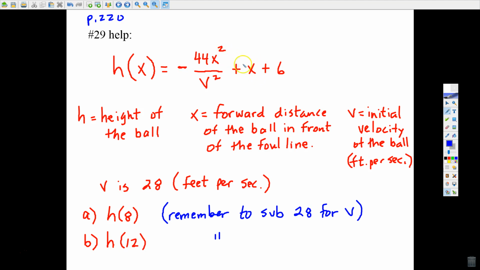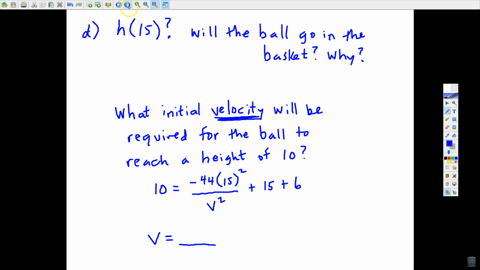All right, both of these x's are going to become 12. Just plug them into your calculator. Don't forget that v is given as 28. I'm going to have you skip part C, and then see if you can come up with the answer to part D.